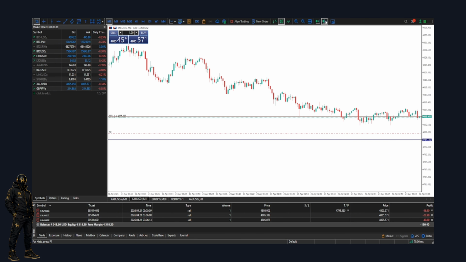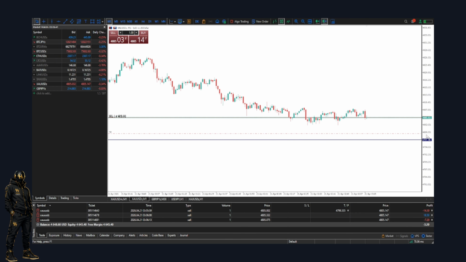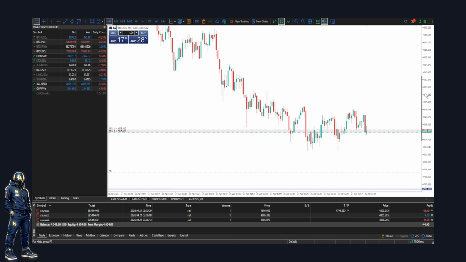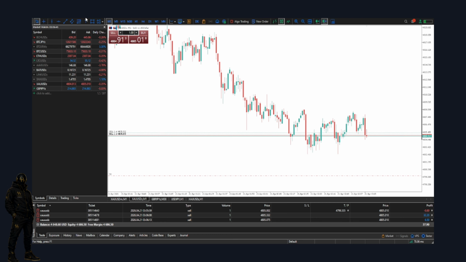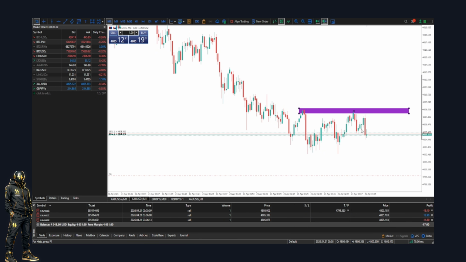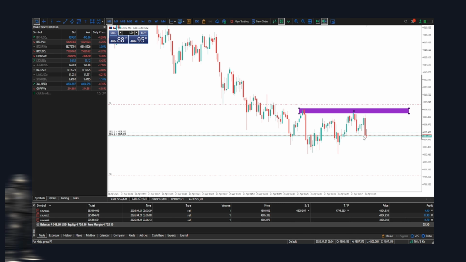So let's go back to the 1 minute. We have our area of confluence, which is here, and this area of confluence, that's where our stop loss is. Why is this our area of confluence?